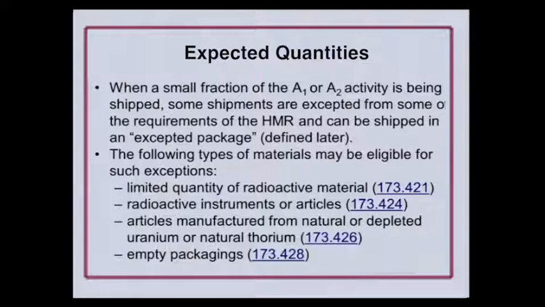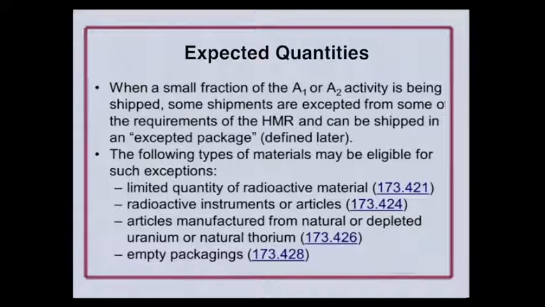Same thing here, articles manufactured from natural or depleted uranium or natural thorium, and then empty packaging. We don't really think about empty packaging, but once a package has been used and the radioactive material contents have been removed from it, if it has any residual radioactive material in it, then it now is radioactive and can still be shipped, but chances are it's very low residual, and so it can be shipped as an accepted package or an accepted quantity.